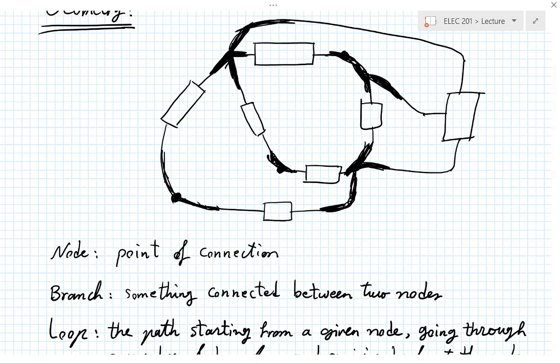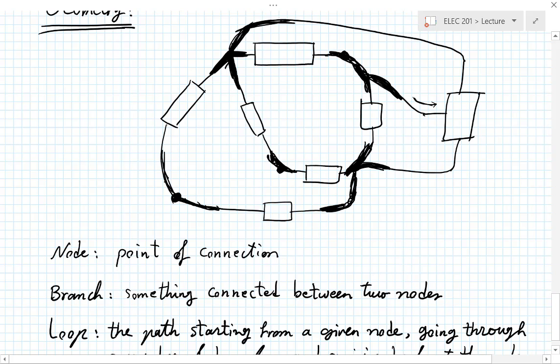So if we consider this now, maybe you're troubled by me saying a branch is something connected between 2 nodes, right? Is that what the question is? Because if you look at this branch going in, for instance, it may not be very clear what 2 nodes it's being connected between, right?